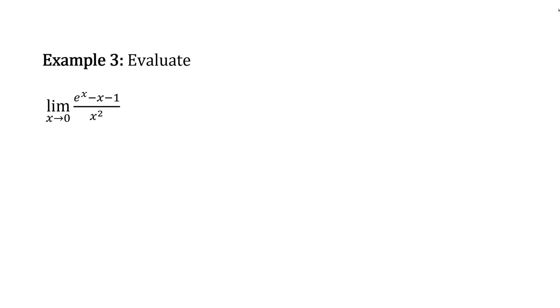And same thing. So we take the derivative. So the derivative of e to the x is e to the x minus 1 over 2x. Put in 0 and, uh-oh, you get 0 over 0 again. Oops. So we can't do that.